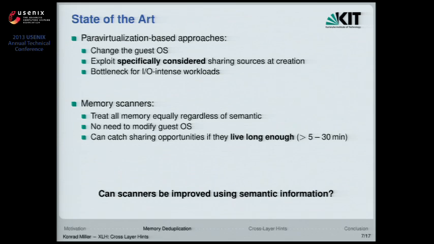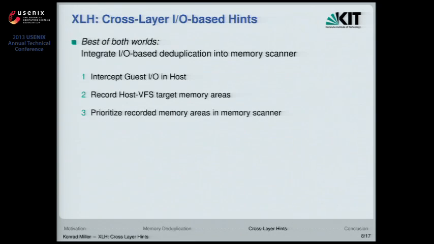So we asked ourselves if it is possible to combine the two, if it is possible to get some more semantic into the memory scanner. And it turns out that the answer is yes, otherwise I wouldn't be standing here. What you can do is intercept I/O purely in the host, record the target memory areas that this I/O interacts with, and then prioritize the recorded memory areas in the memory scanner to achieve a better deduplication ratio.